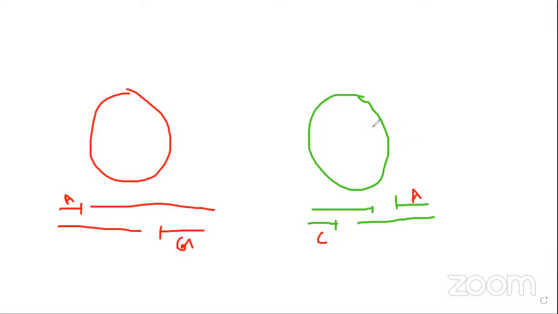After the combination of these two, this gene is exactly fixed with this gene. How will it be possible? Take the example of this portion. How will it exactly fix this gene?